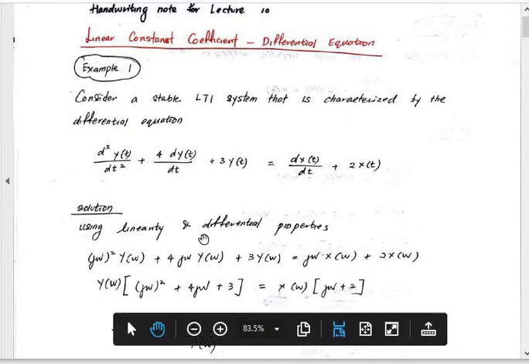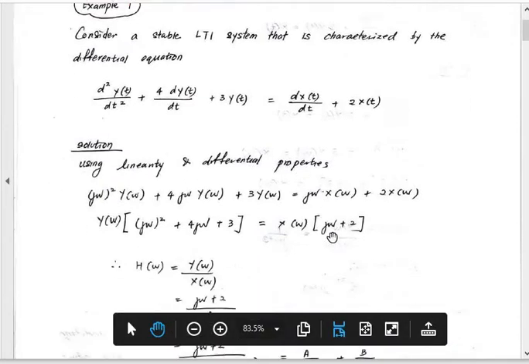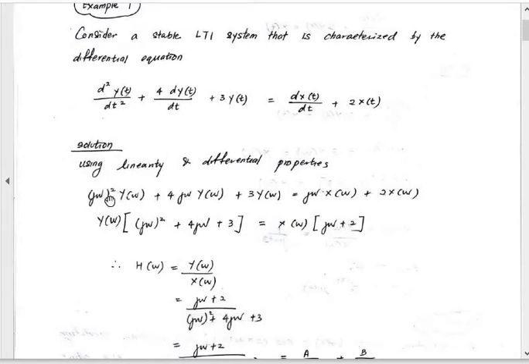Using linearity and the differential property, y double prime changes to (j omega) squared Y(omega), y prime changes to j omega, so 4 j omega Y(omega), plus 3y(t) changes to 3Y(omega), equal to j omega X(omega) plus 2X(omega).